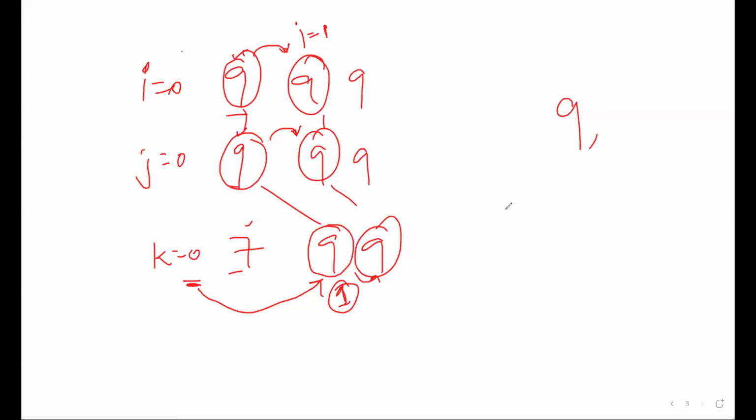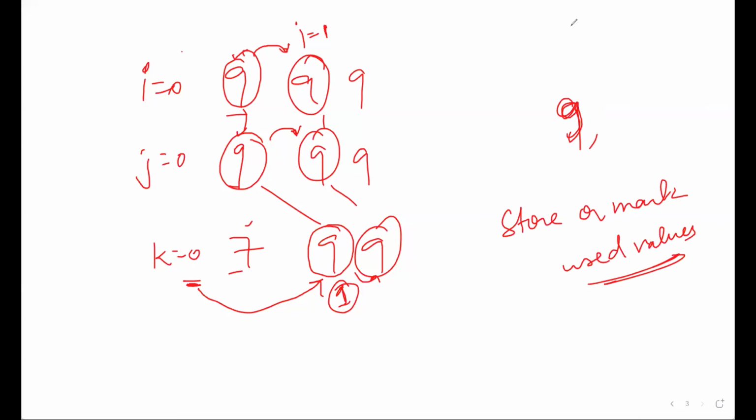There is one very simple approach. You can store or mark used values. Once I have printed 9, I will mark it. You can use a hash map for this or store it in a set. You do marking like this: 9, 1 means I have printed 9 one time.